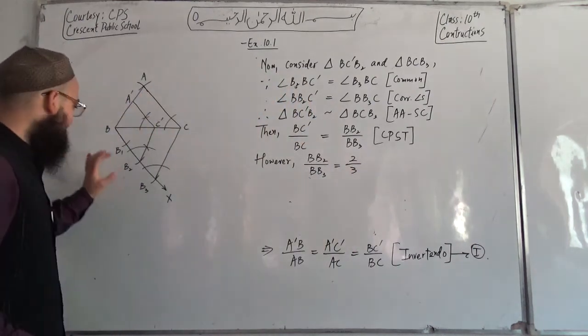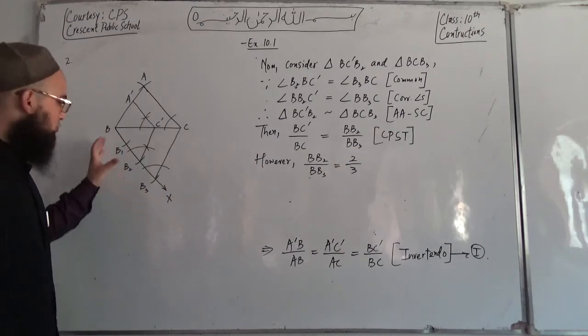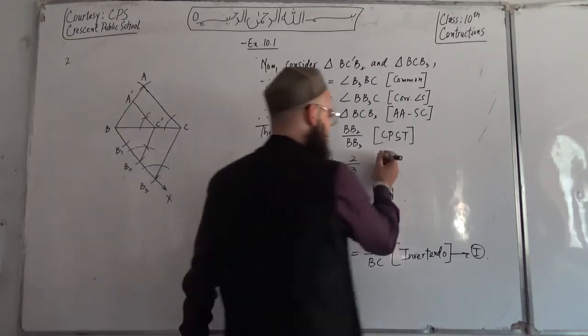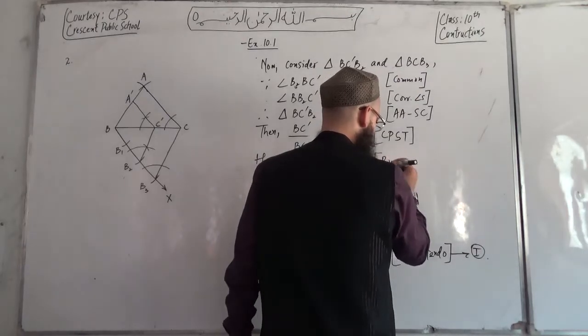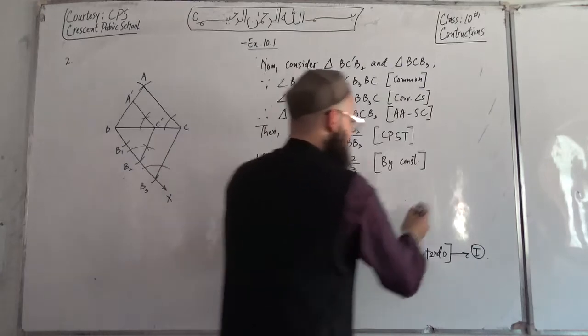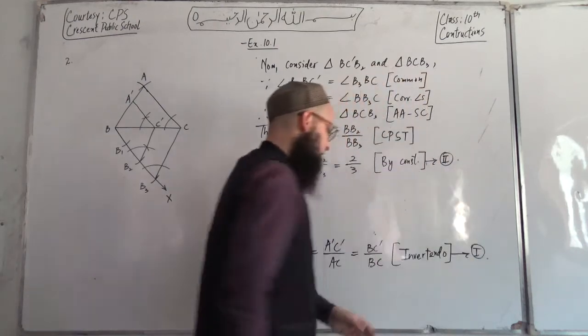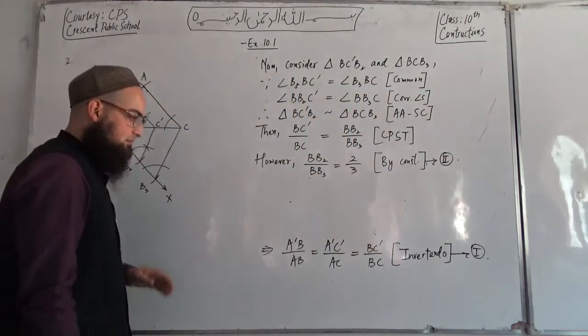See, BB2 are 2 parts, BB3 are 3 parts. 2 by 3 by construction. Then let's call this as second.